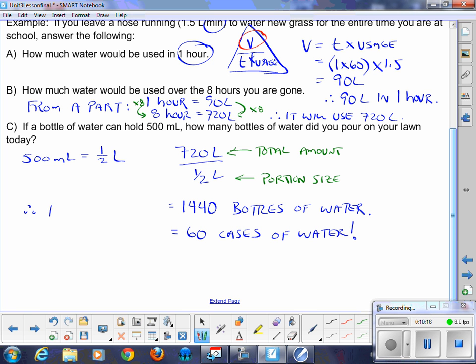So therefore, it would take 1,440 bottles. So a significant amount of water when you think of it in terms of bottles. So there are the calculations. Now you can probably work through that chart that I gave you because I want to talk about water consumption. So those are the skills you need in order to complete that particular task.